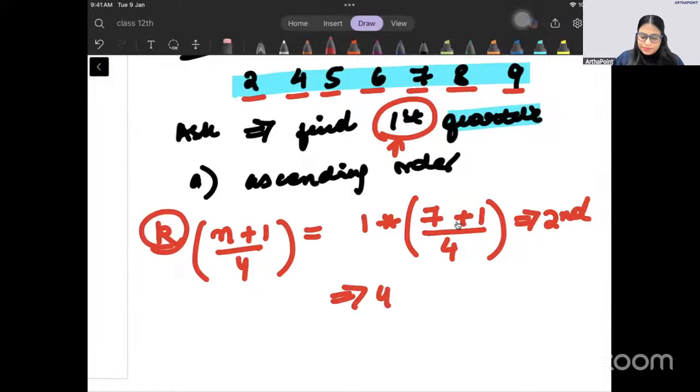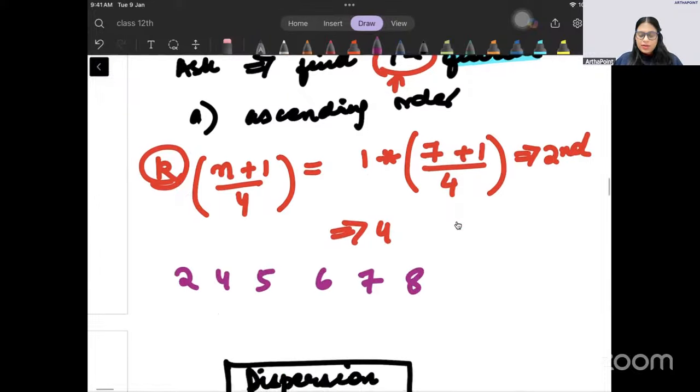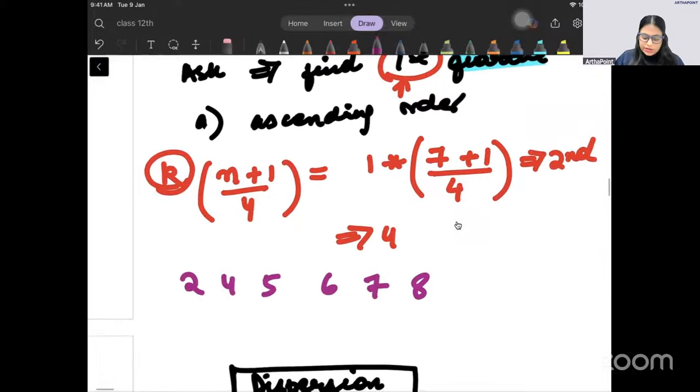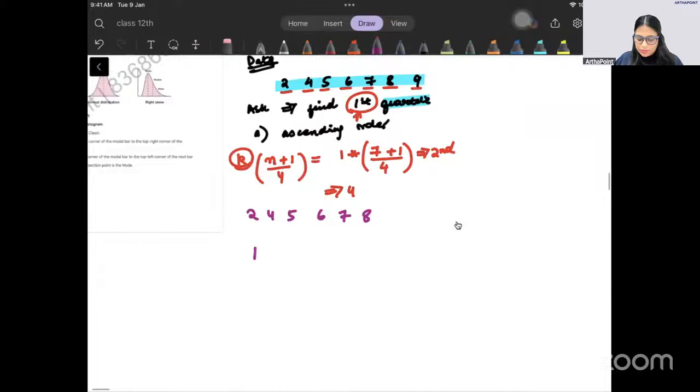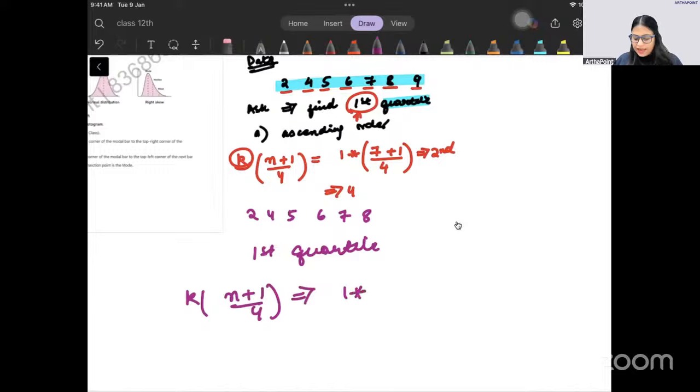Let's say the data is this: 2, 4, 5, 6, 7 and 8. Now you have to find the first quartile. Again you put it in order and use k times (n plus 1) by 4. k will be 1, n will be 6, so 6 plus 1 by 4, which gives you the 7 by 4th observation.